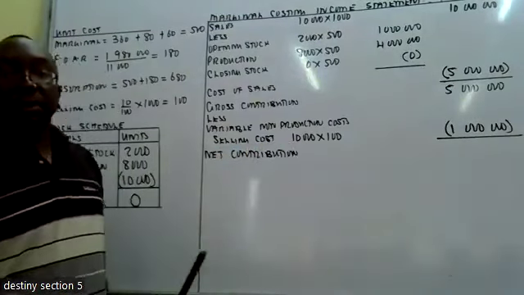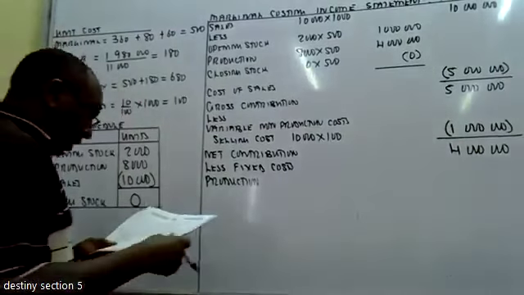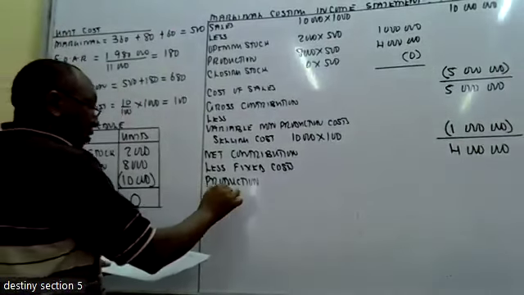Then tukasema now you say less fixed costs. And the fixed cost, tumesema there are 2 categories. We start with production. So for the production, we have the ones that are going by the name overheads. Just call them overheads.